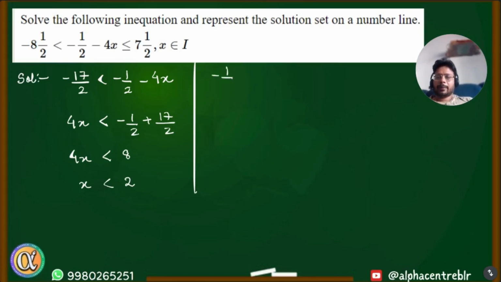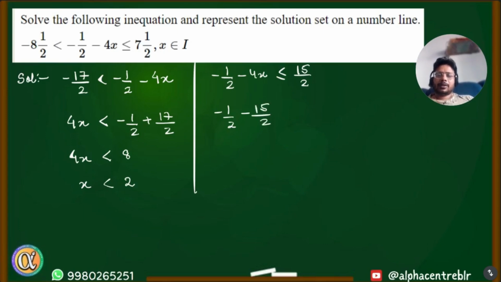Minus 1 by 2 minus 4x is less than or equal to 7.5, which means 15 by 2. Again here, I see this is negative, so I'll try to take this to the other side and bring 15 by 2 here. So minus half minus 15 by 2 is less than or equal to 4x.